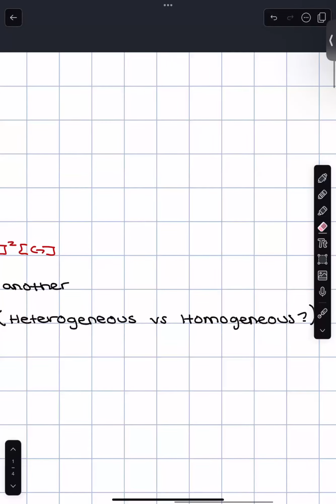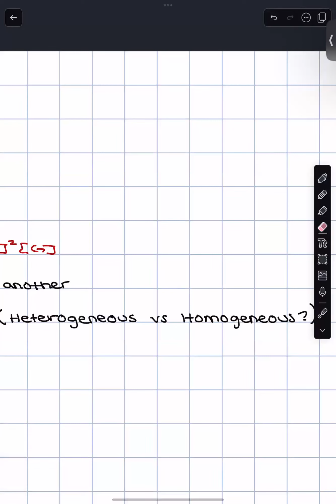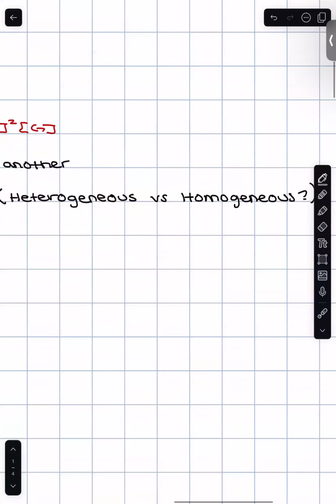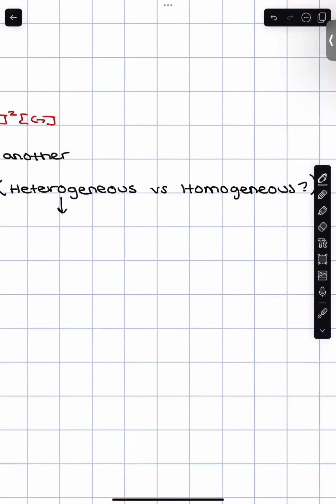Do you all remember what the difference between a heterogeneous and a homogeneous catalyst is? Okay, so just to recap, a heterogeneous catalyst is a catalyst that is in a different phase than the rest of the reactants that it's working with, while homogeneous is the same phase.